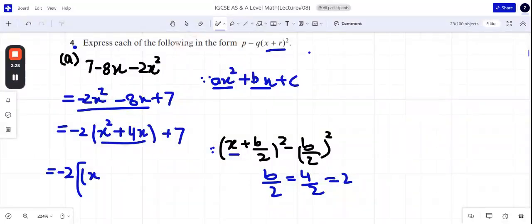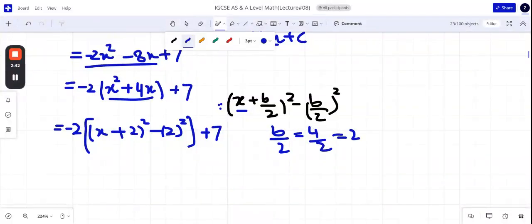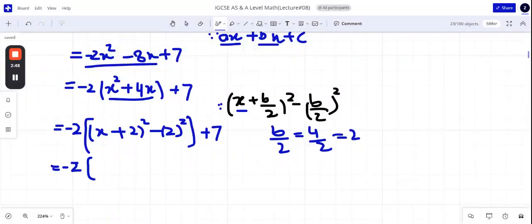Now it would be x plus 2 whole square, then minus 2 square, and plus 7 outside the parenthesis, we will write the values the same. So here 2 we will keep the same, and then it would be x plus 2 whole square minus 2 square is 4 plus 7.